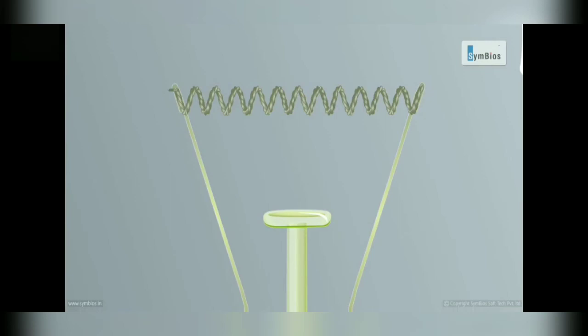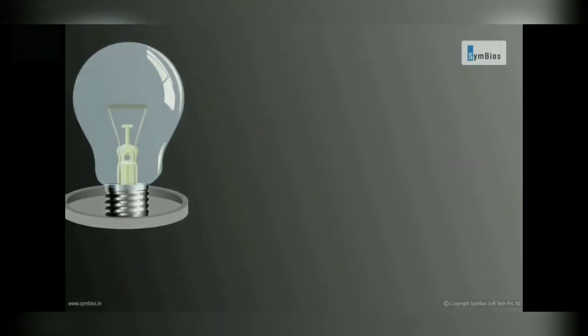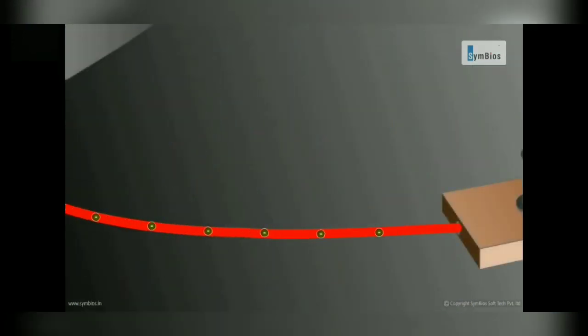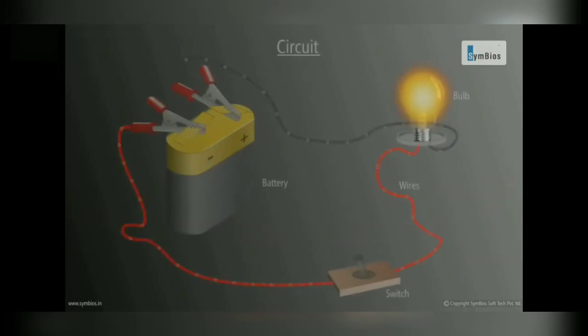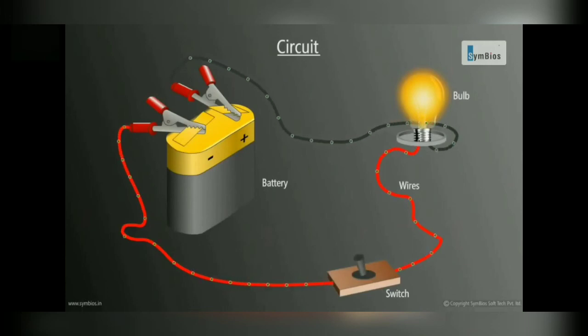Due to this, the entire resistance of the circuit is concentrated in the tungsten filament, and almost all the heat is generated in the filament. Hence, the filament gets extremely hot and heat energy is converted to light energy. Whereas the low resistance of copper wires causes a low amount of heat generation. This heat can make the wires a little warmer, but it is not sufficient to emit light.